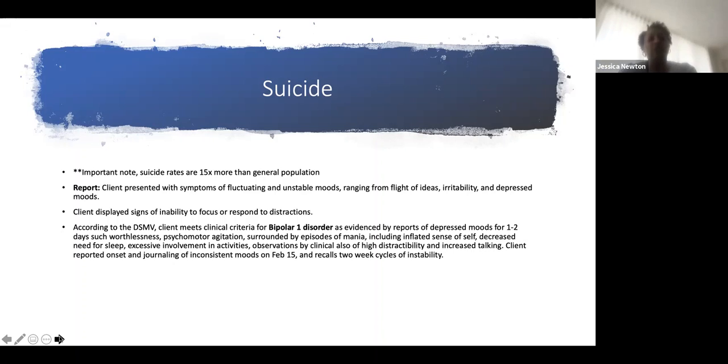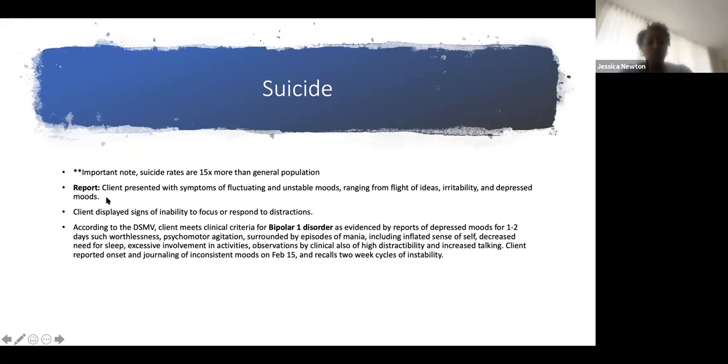So here next we have, after we ask these questions about mood and how long they've been experienced, what is it that we take and put into writing as data, as reporting the information that's relevant to the diagnosis?